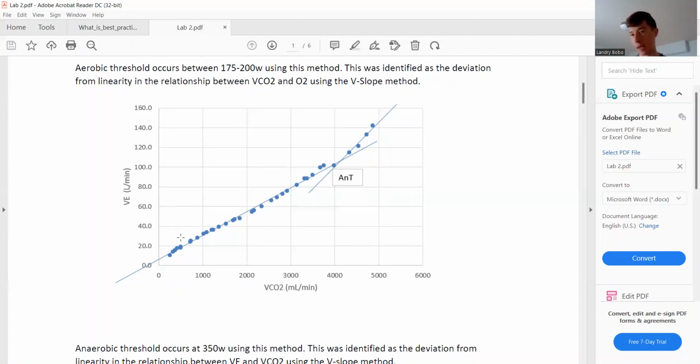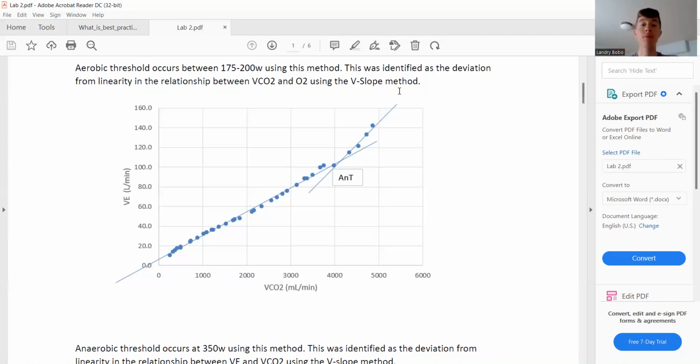And as you can see, as the intensity increases, both of these things increase. I am breathing out more CO2 because I'm consuming more oxygen, and I am breathing more and more heavily. But you can notice here that right when we reach this second threshold, what would be pretty close to your FTP, this shoots up.